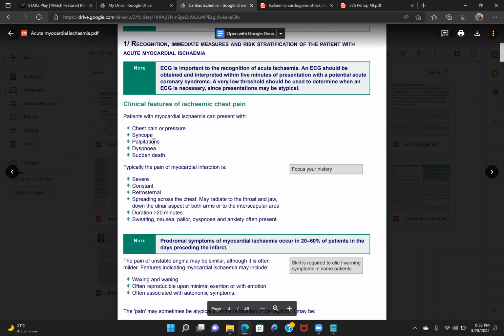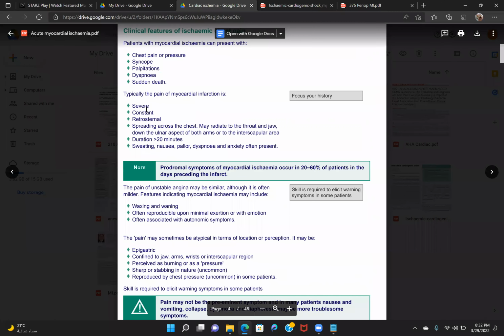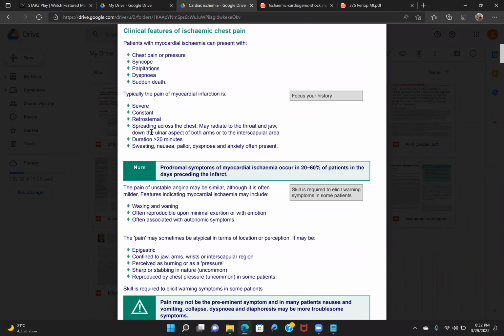We will try to find out any chest pain, syncope, palpitation, dyspnea, sudden death. And it is severe, constant, retrosternal, spreading across the chest. This is the typical presentation, but there may be differences in the amplitude. It may be associated with sweating, nausea, pallor, dyspnea, and anxiety often present.